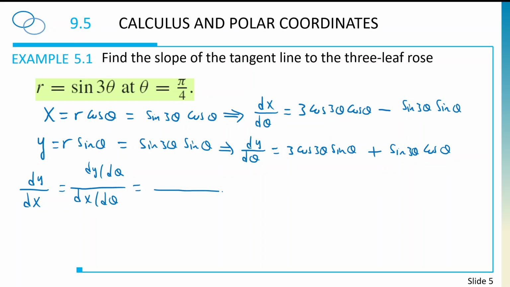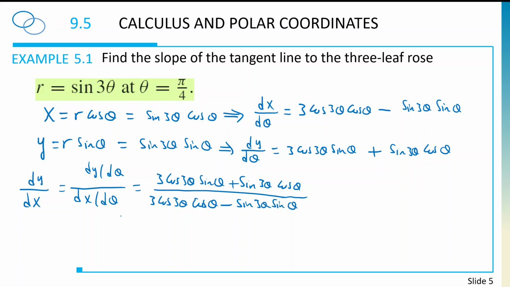This equals 3 cosine 3 theta sine of theta plus sine 3 theta cosine of theta, divided by 3 cosine 3 theta cosine theta minus sine 3 theta sine of theta.